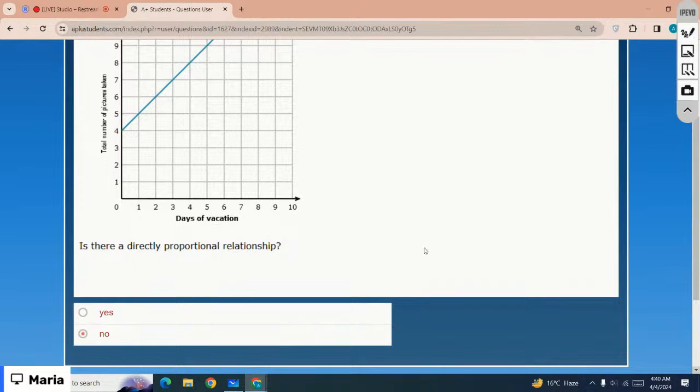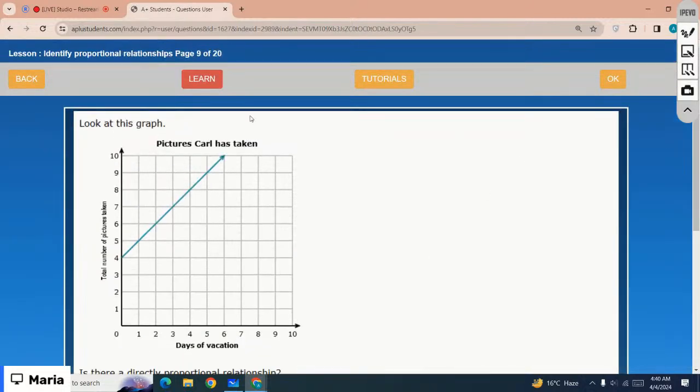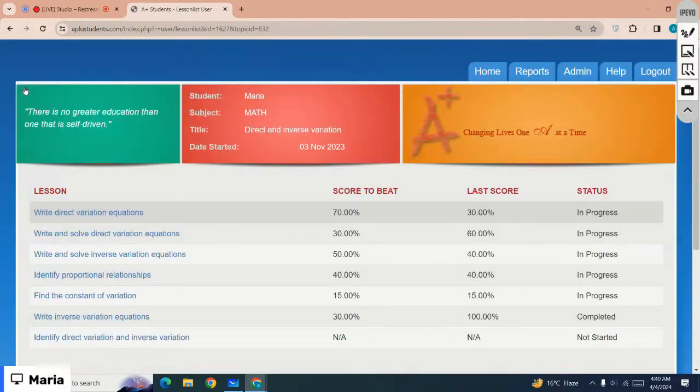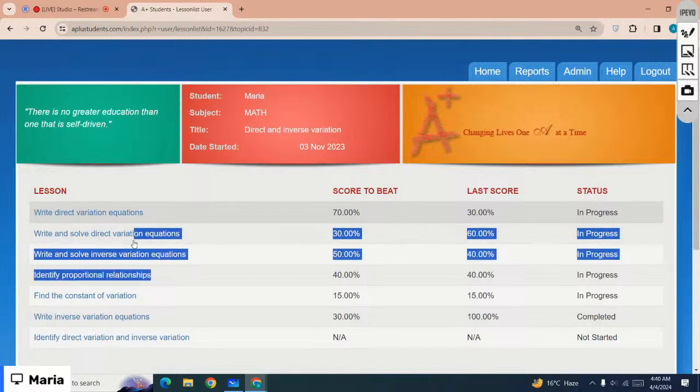Okay, you can complete the lesson by yourself later today. So, we were working on grade 9 math. The chapter we were working on is direct and inverse variations.